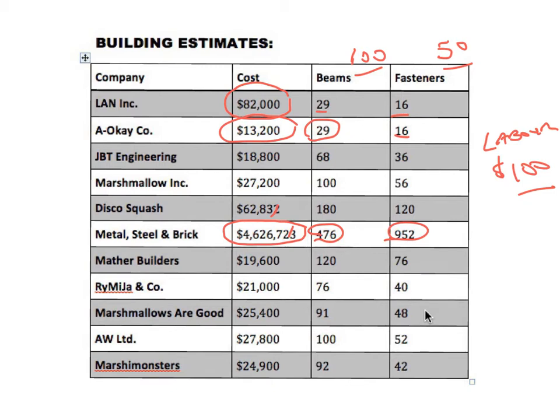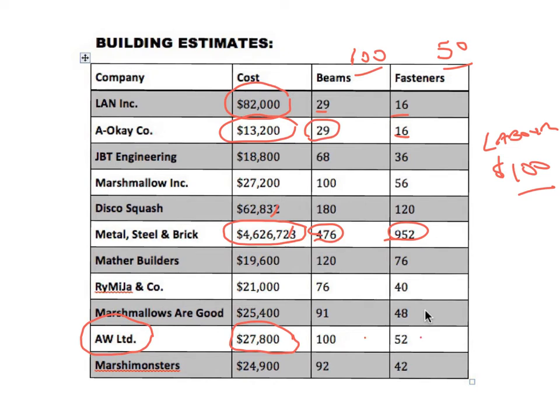Now, I'll just tell you right off the bat that one company here actually submitted a totally accurate bid, and that was AW Limited, with a fixed price of $27,800, 100 beams necessary, and 52 fasteners necessary.